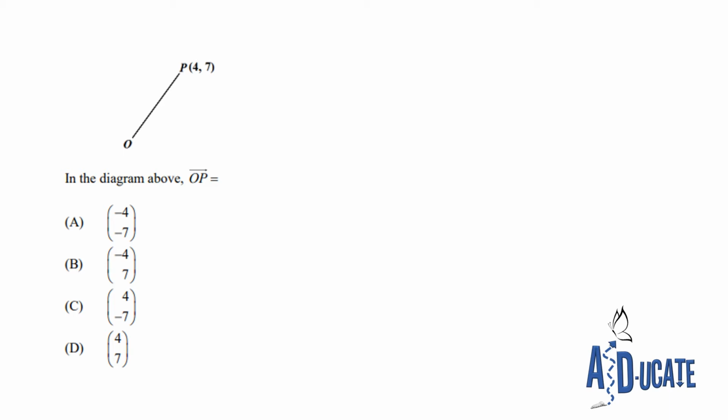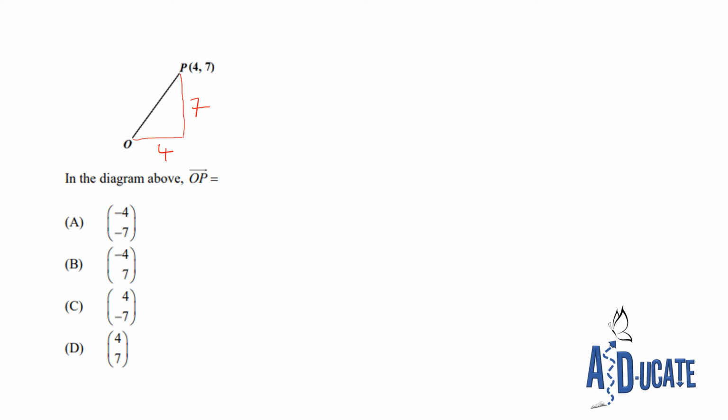That means that the tail begins at the origin. So this distance parallel to the x-axis is going to be 4, and this distance parallel to the y-axis is going to be 7. So we can note that and draw the relationship.